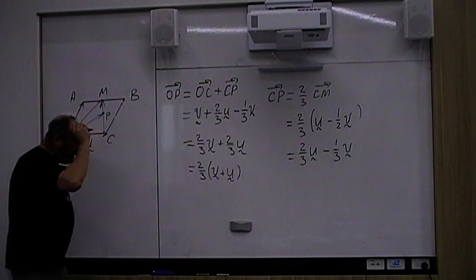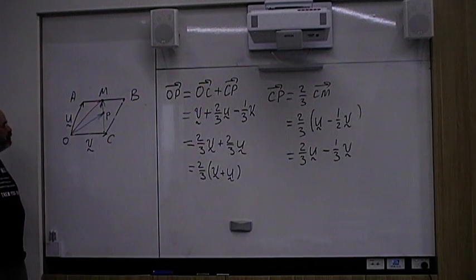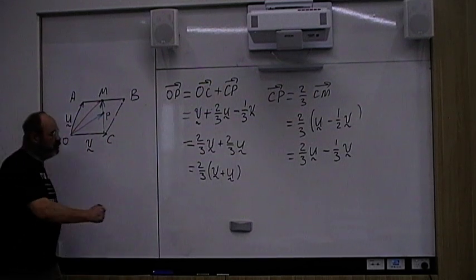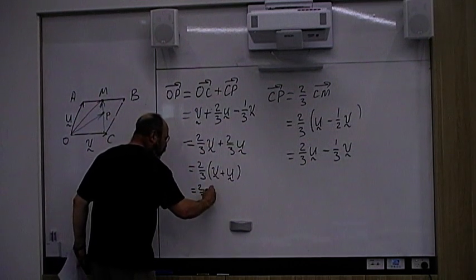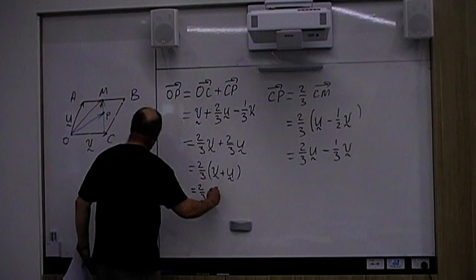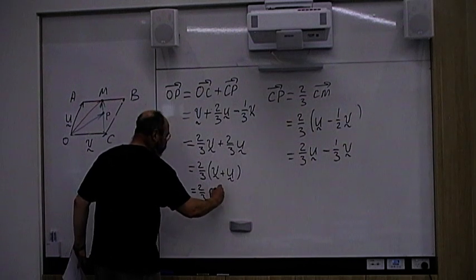And what is the vector V plus U? It's OB. So OP equals 2/3 of OB.